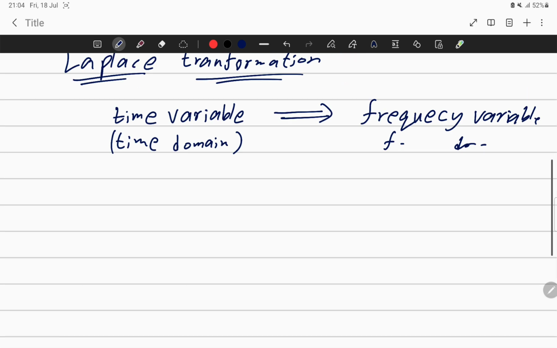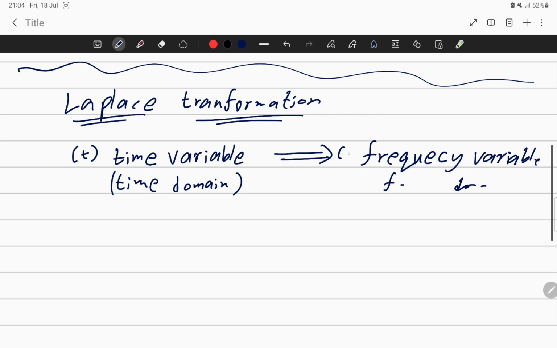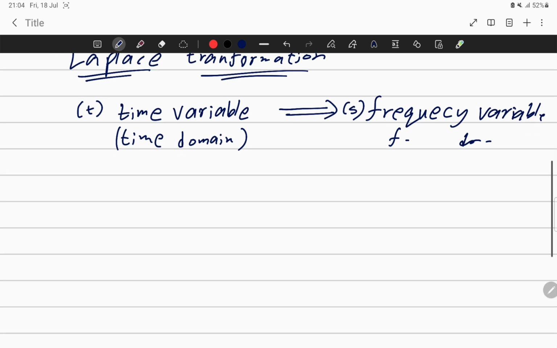So let's say the time variable is t, then the frequency variable is s. The function f(t) goes to some function F(s). This is a function of t, this is a function of s, otherwise this is a function of time and this is a function of frequency.